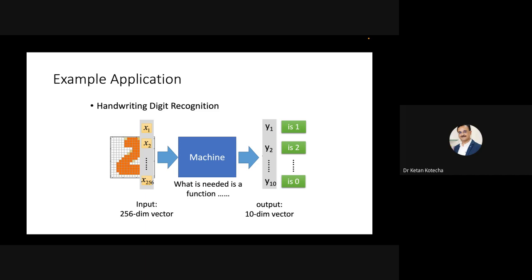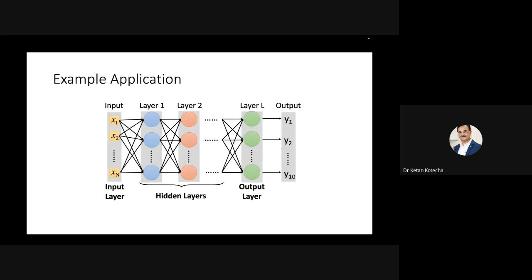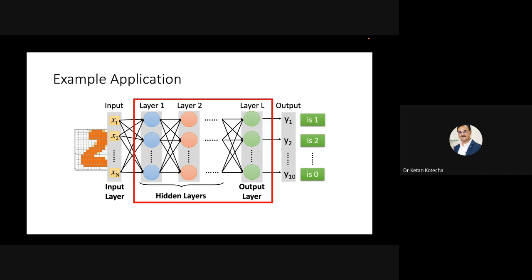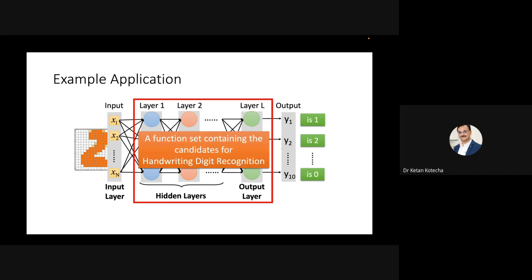Handwritten digit recognition is the problem. So the neural network will be trained, and this is the entire network which needs to be trained. I think now you got the idea of what I'm trying to do: changing my parameters so that my output and expected output match.